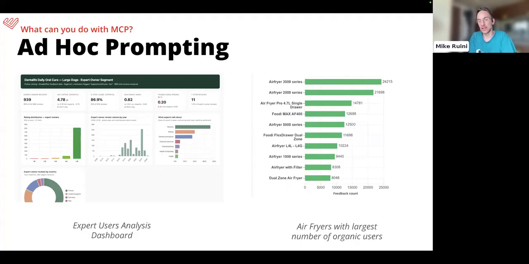Okay. And then another use case that was submitted was, I want to know which are the products that have the highest number of organic reviews in a specific category, like in this case, air fryers. Again, simple prompt. It connected to the Wonderflow MCP, and then it returned this chart. It could have been a presentation or a summary.